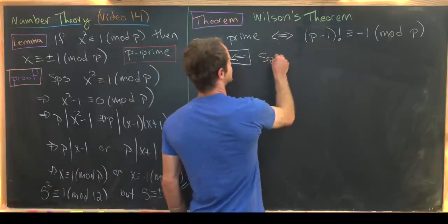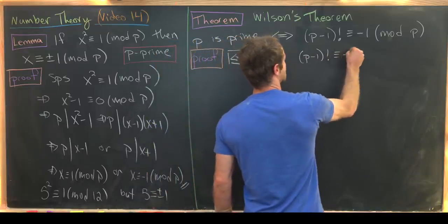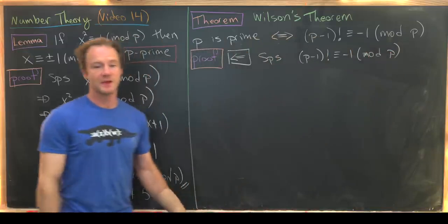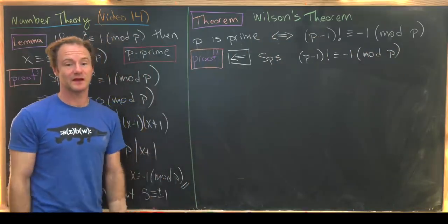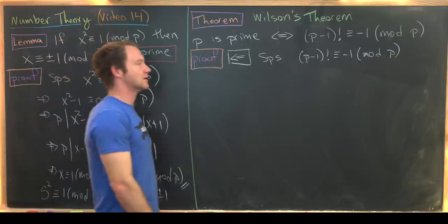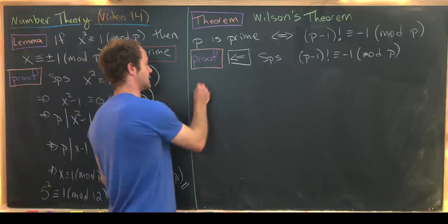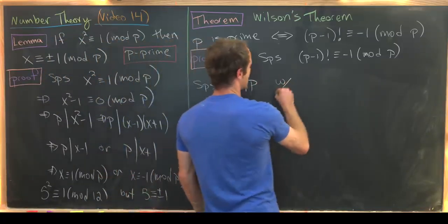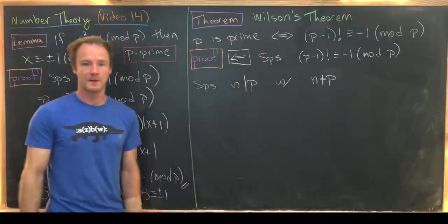So in other words, we'll suppose that p minus 1 factorial is congruent to minus 1 modulo p. And we hopefully want to end up with p being prime. So how can we do that? Well, let's suppose that we've got a divisor of p. So let's suppose that n divides p with n not equal to p.